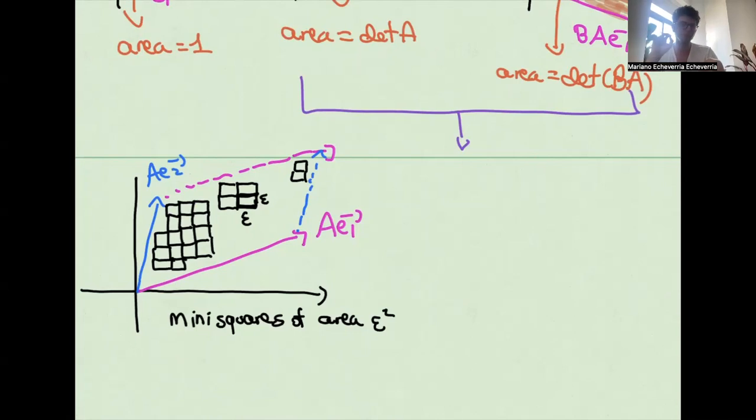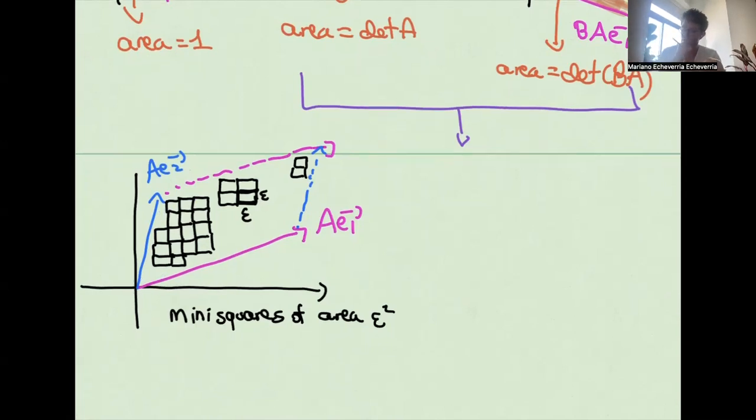So if you use really, really small squares, you will be able to cover almost all of the parallelogram. The smaller their area, the better they will cover the parallelogram.